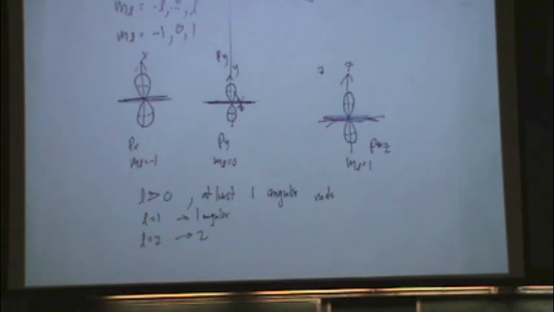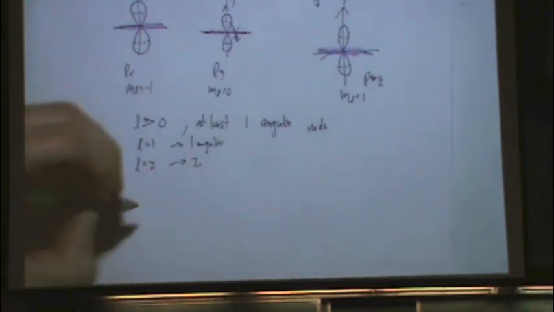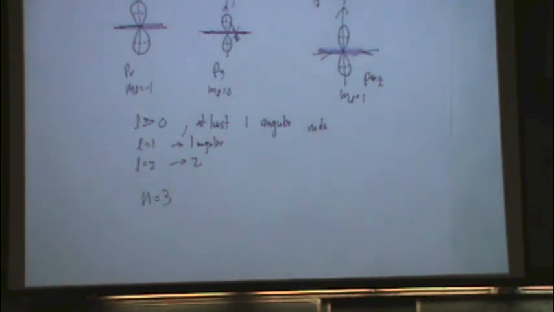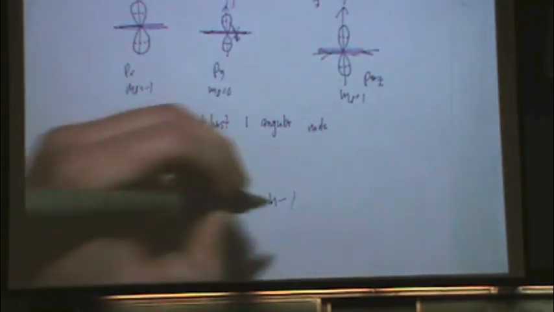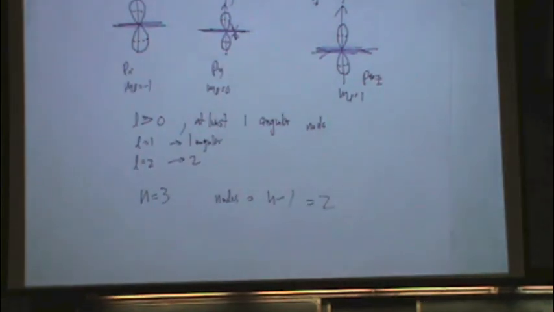Now how many nodes should we have total? Well, n for this is 3, and the number of nodes is equal to n minus 1. So we should have had 2 nodes, and for each of these we do. We had our 1 angular node and 1 radial node, so that adds up to 2 total nodes. So we know that we found all of them.